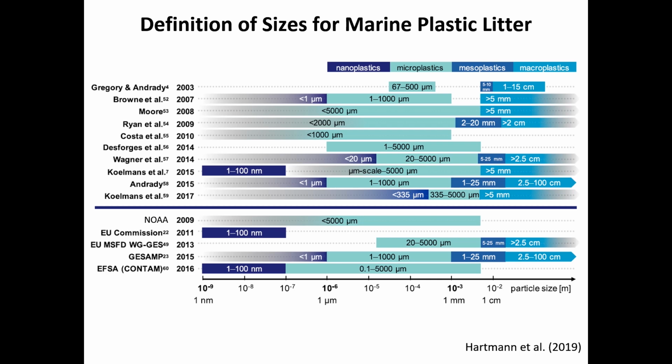The term microliter was used in 2003 by Gregory and Andrade to describe the fine fraction of marine plastic litter with sizes of 67 to 500 micrometer. Similarly, mesoliter, macroliter, and megaliter were defined in the same paper.